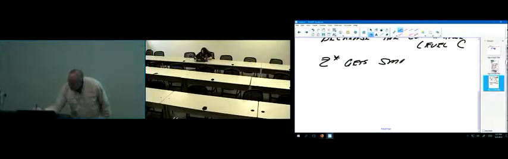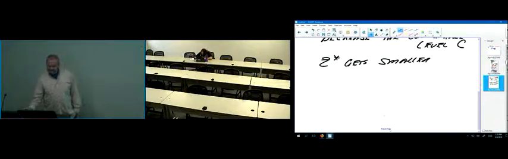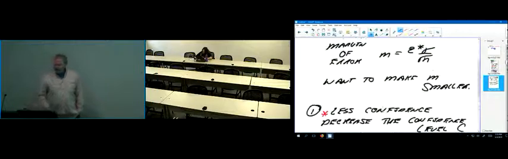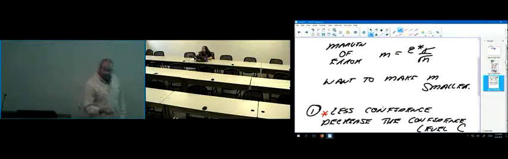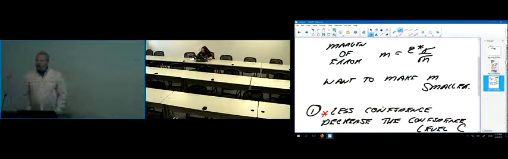Z star gets smaller. And now, we've got to have a little bit of what I want to call number sense. And what I mean is this. You see that formula right there? Z star times sigma over the square root of n. If your Z star gets smaller and you're multiplying by it, doesn't the whole quantity get smaller?